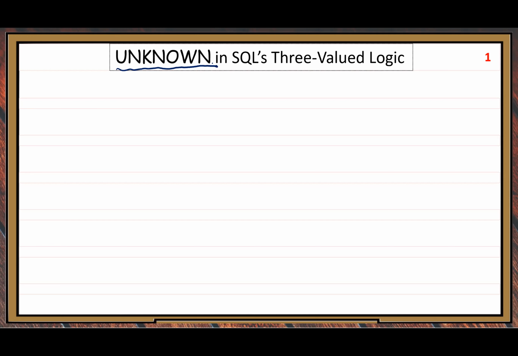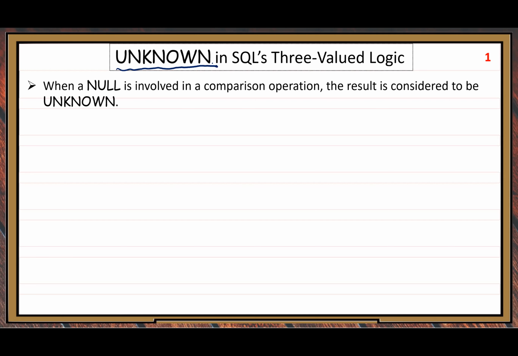Why do we need to consider this unknown value? The reason is simple: we have a special value, the null value. When you do a Boolean operation, and one of the operands happens to have the null value, then you cannot say it is true or false.